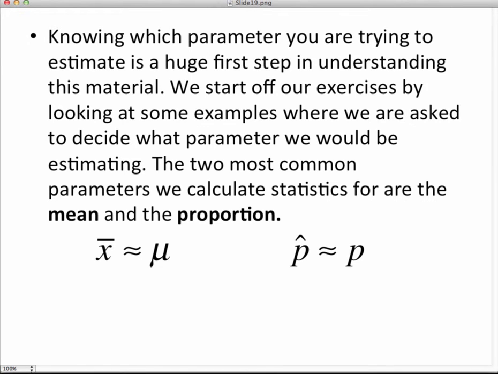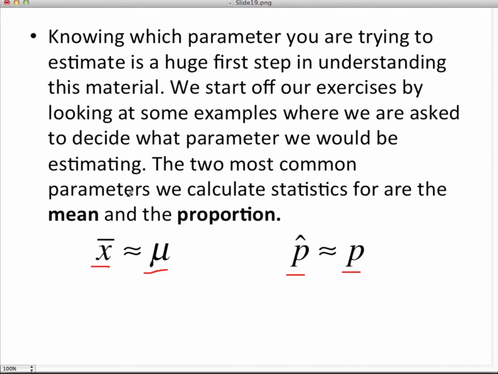So one more time, so we have a little bit of a reminder of who our two most favorite parameter estimators are at this junction in the class. X bar represents the sample mean, mu represents the population mean, p hat represents the sample proportion, p represents the population proportion.